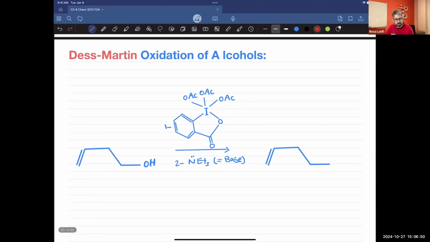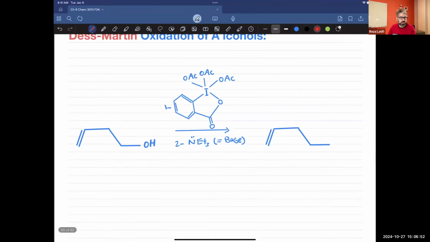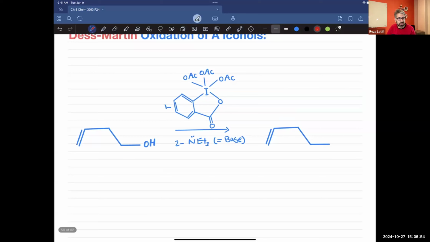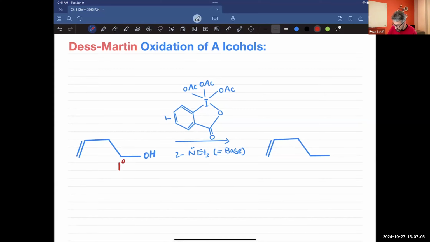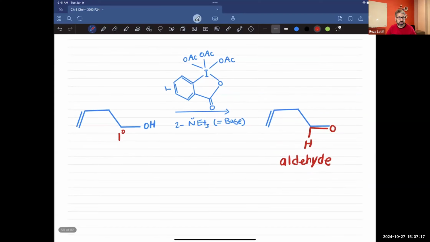We have one more example here, and this example does have a double bond and also OH, and the oxidizing agent is not going to touch the double bond. The only thing that will happen is the primary alcohol will turn to aldehyde. So again, we get aldehyde, but the double bond will stay completely untouched.